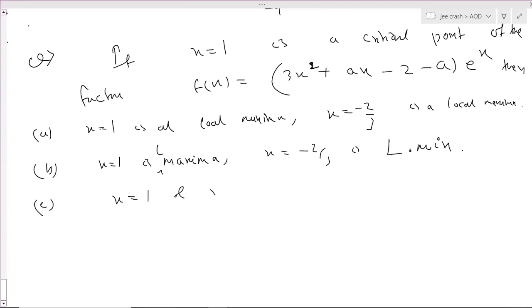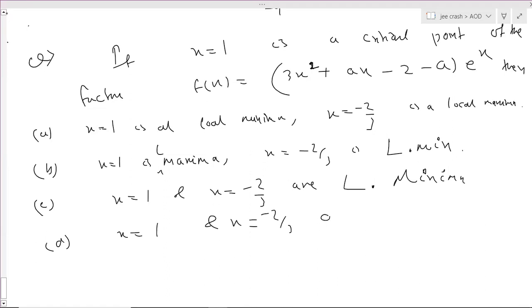X equals to 1 and x equals to minus 2 by 3 are local minima. X equals to 1 and x equals to minus 2 by 3 are local maximum. Please solve it. Let's see who can do this.